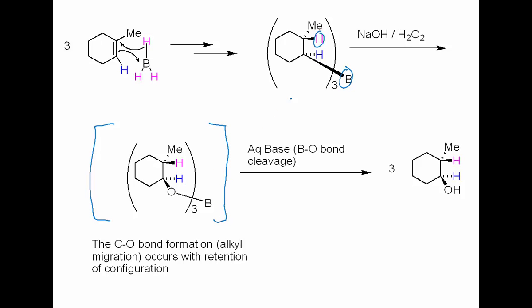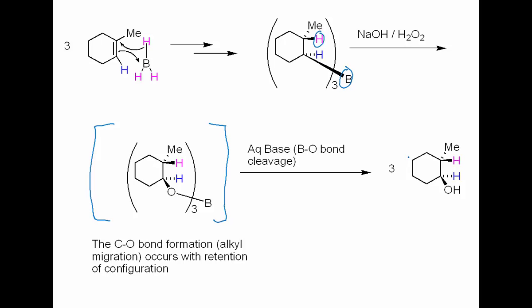And because this migration process, CO bond formation, is occurring with what we say is retention of configuration, the CO bond exists where the BO bond used to be. This sets the stereochemistry, and the cleavage with base gives us the final product that you see here.